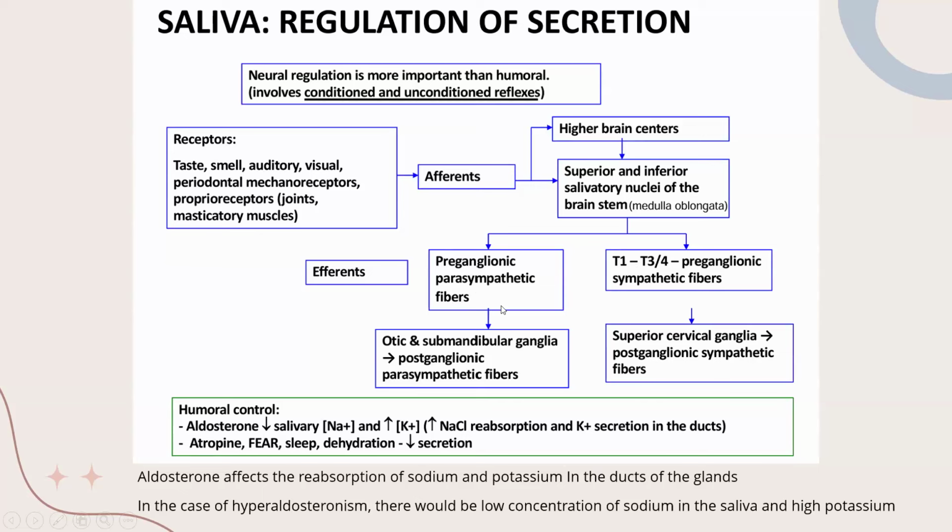The preganglionic parasympathetic fibers are the chorda tympani and the glossopharyngeal nerve. And these are the efferent neurons. And then the T1 to T3 preganglionic sympathetic fibers reach the ganglia, the superior cervical ganglia, and then the postganglionic sympathetic fibers is what leaves the ganglia.